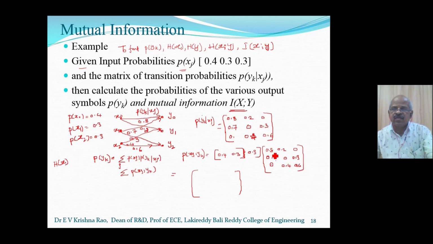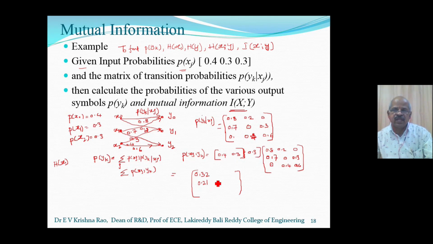Each one multiplied: 0.4 into 0.8, you will get 0.32. Then P(y0 at x1) into P(x1): 0.7 into 0.3 is 0.21.